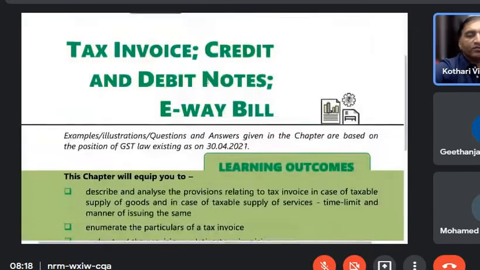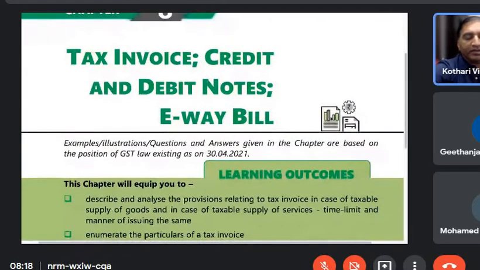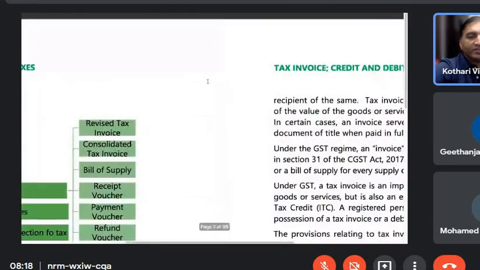In this we will see what documents are required to be maintained for the purpose of GST and what is e-way bill. So this is our last chapter.